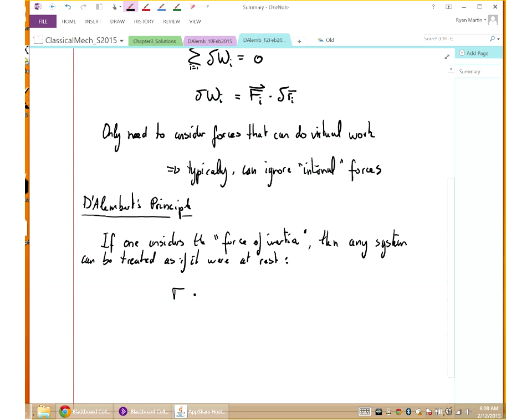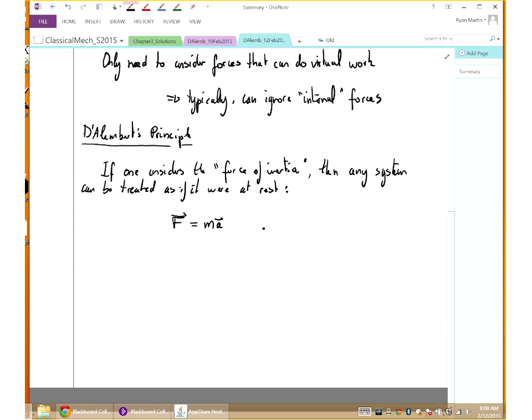So you take Newton's second law, you define this force of inertia so that the sum of the forces, now F plus I, is equal to 0.